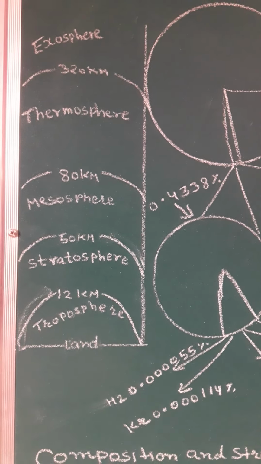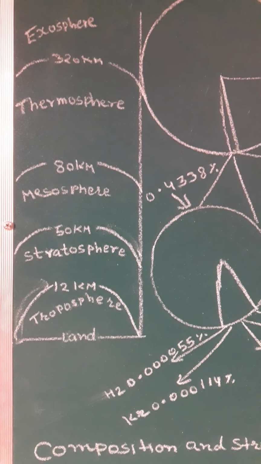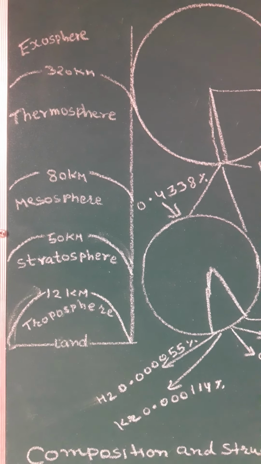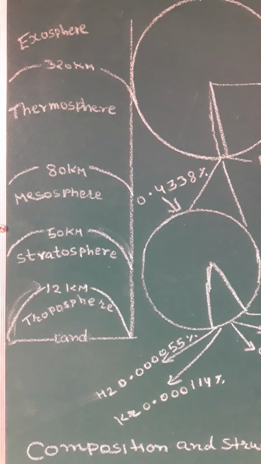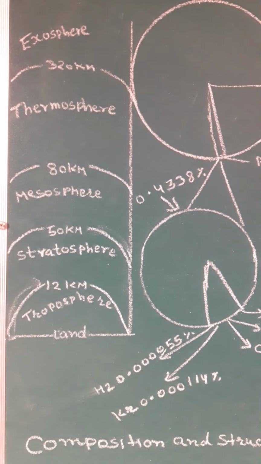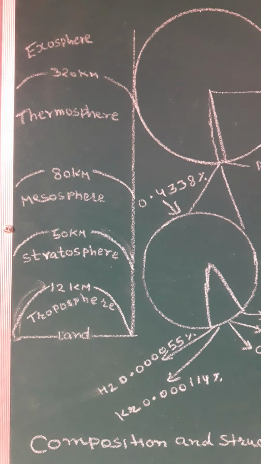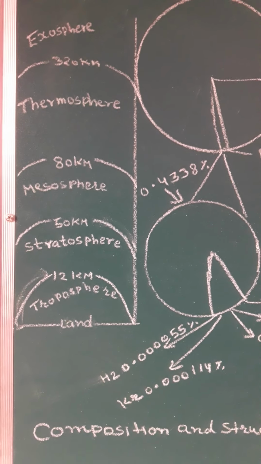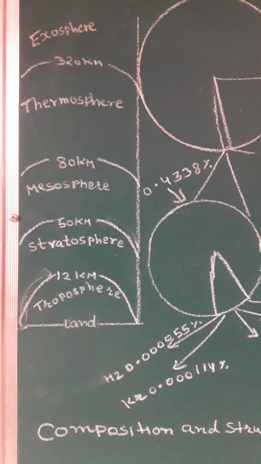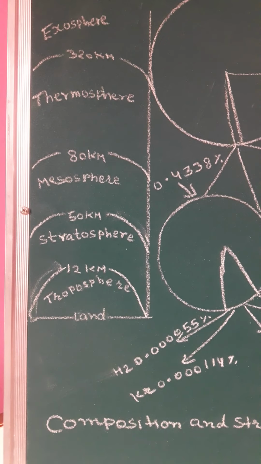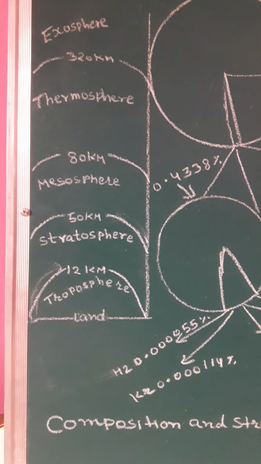Temperature here increases yet again, but it is not a very reliable way of measuring anything. There are so few molecules up here that the fact that they are moving faster does not really tell you much. There is still very little heat content. There are no clouds in this layer.